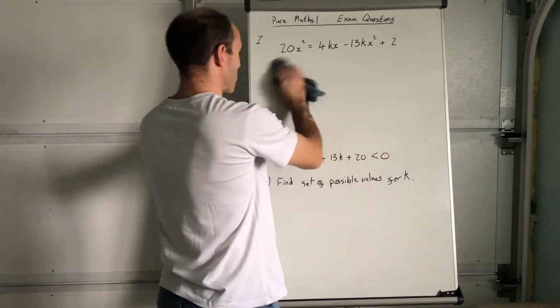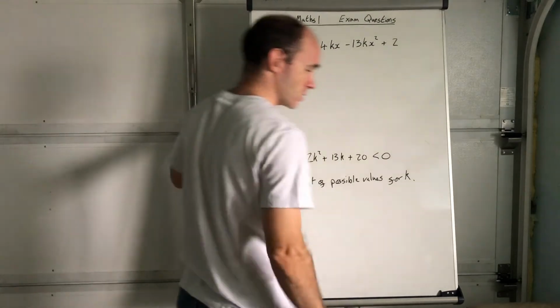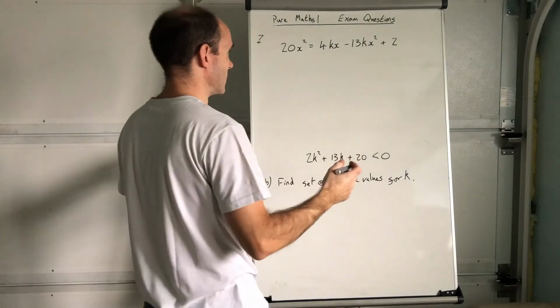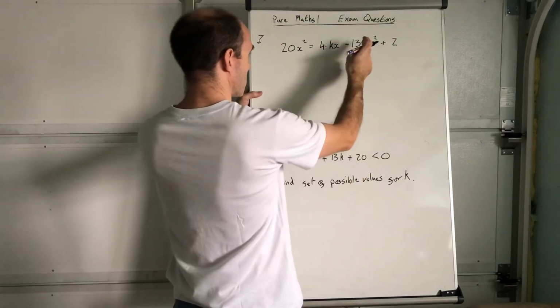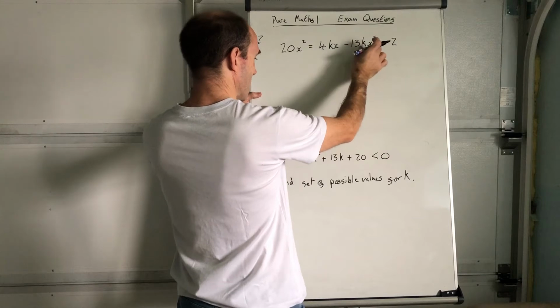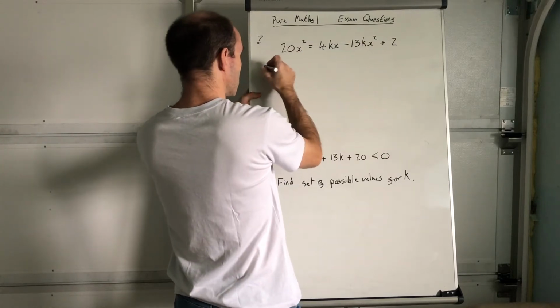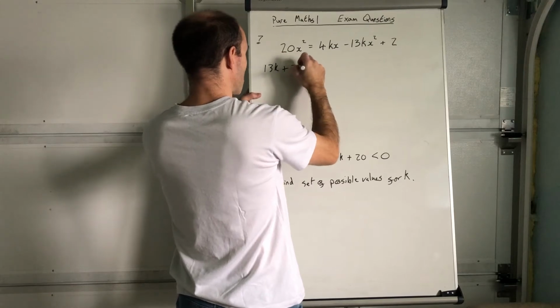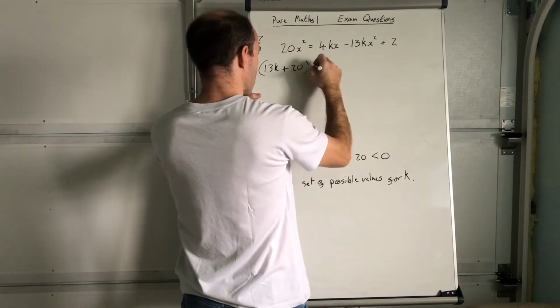Of course, you want to use the discriminant, meaning a quadratic where you've got 0 on the right hand side. So what I'm going to do is move these around. I'm going to put that onto that side. So I'm going to have 13k plus 20, and that's the x squared term.